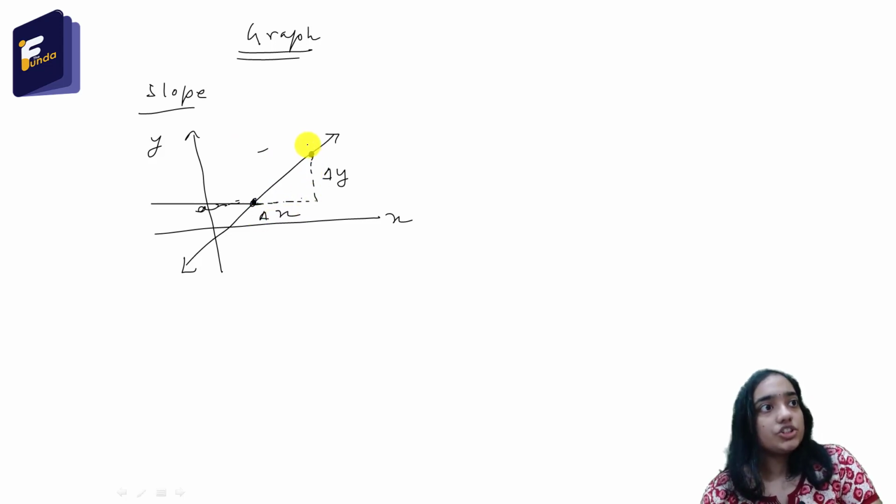Okay, so the change in y-axis, when I am moving from this point to this point, is delta y, it is represented here, and change in x is delta x. Okay. So this ratio, that is delta y by delta x, is equal to the slope of the line. Okay.